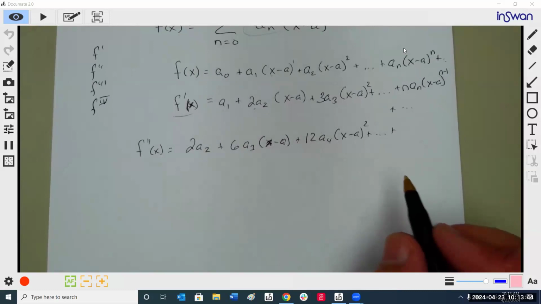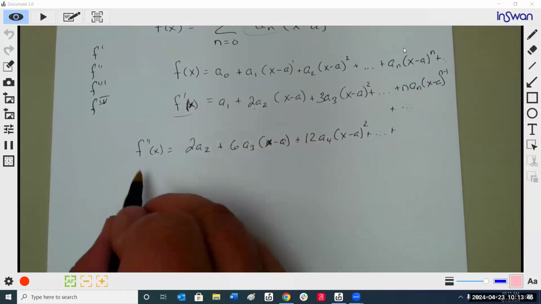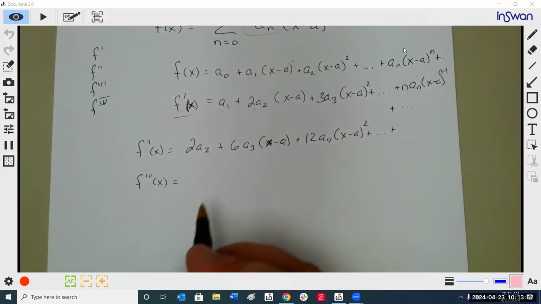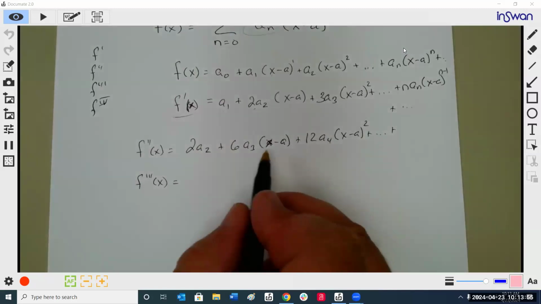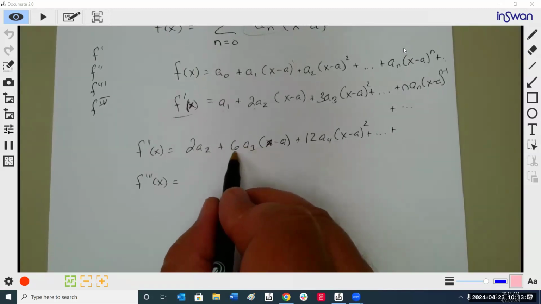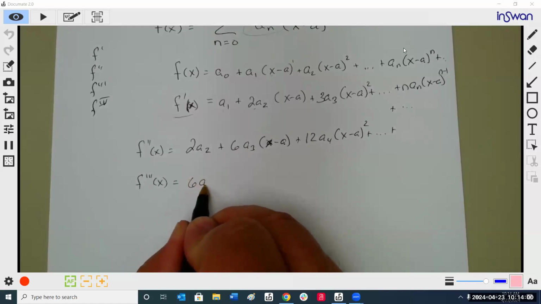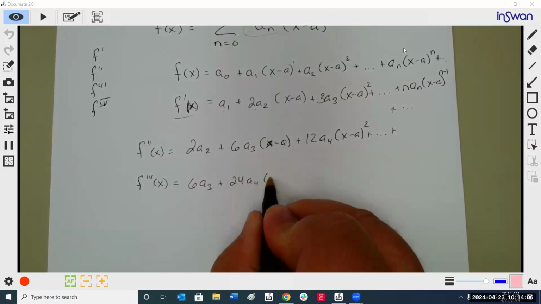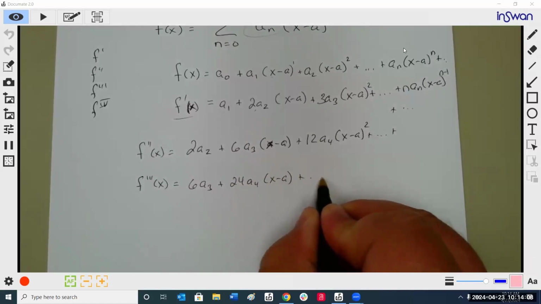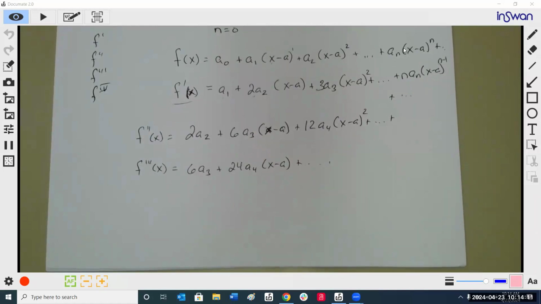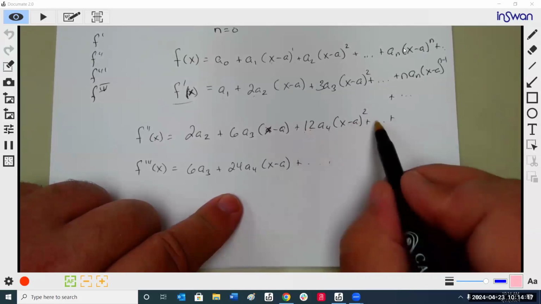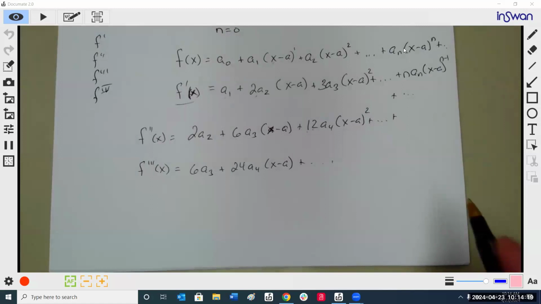The third derivative: the constant disappears, so we have 6a sub 3 plus 24a sub 4, and so on. Because the other one would be 3 times 4, this was 3 times 4 times 5, 4 times 5 times 6, and so on.